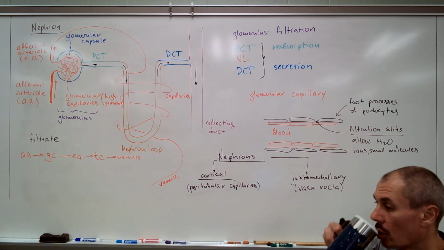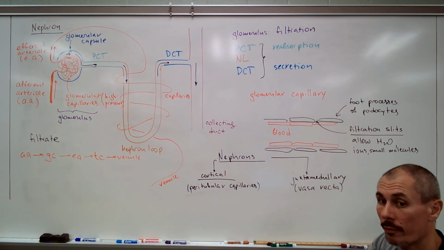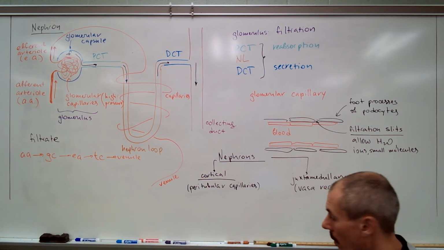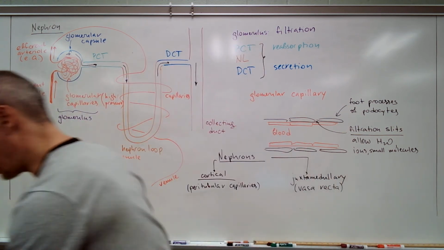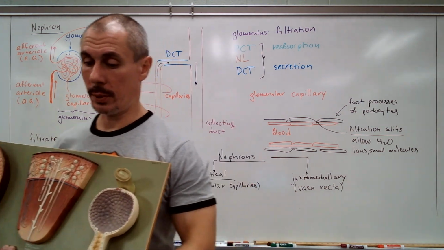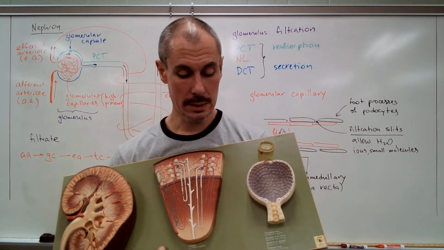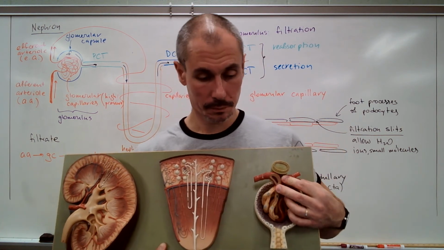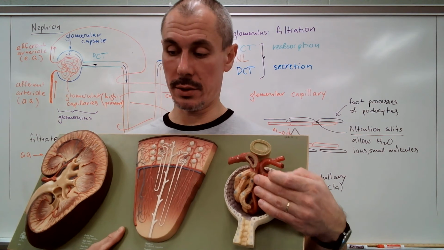You clear so far? Good? Moving on. So I'm going to use this little model to illustrate a few parts of the nephron. So this right here is the glomerulus.